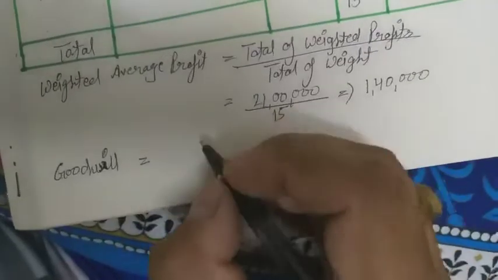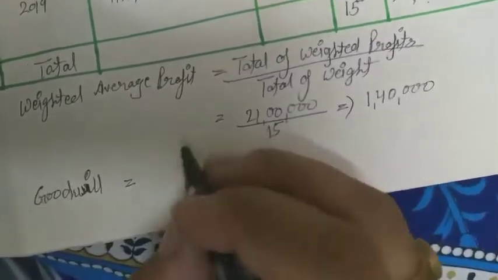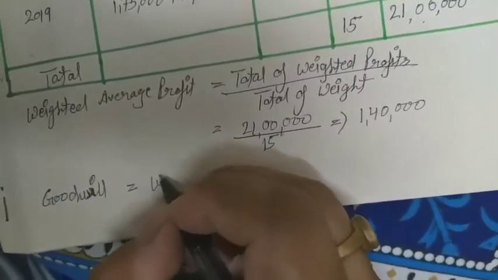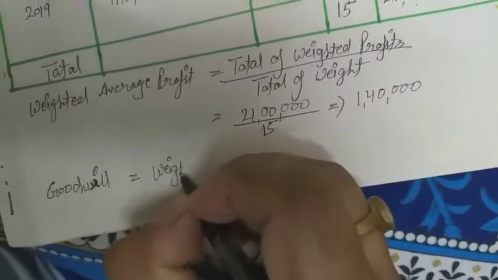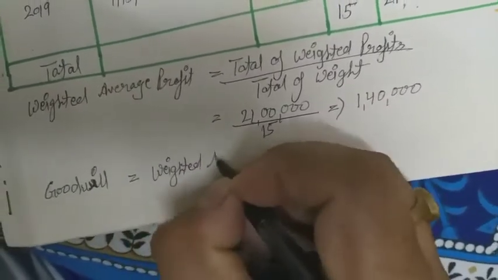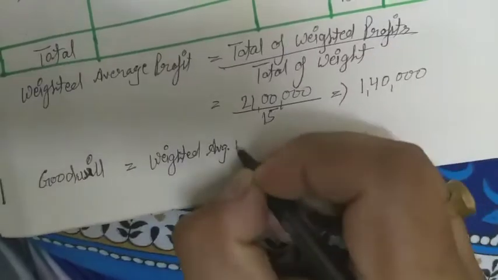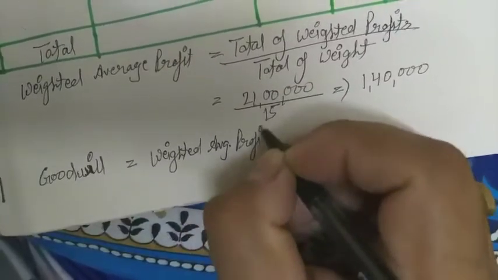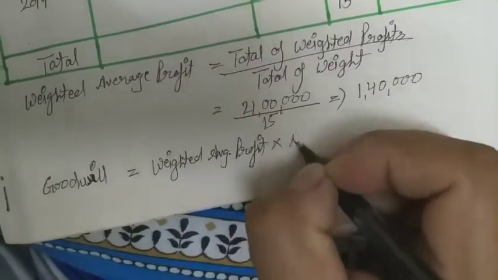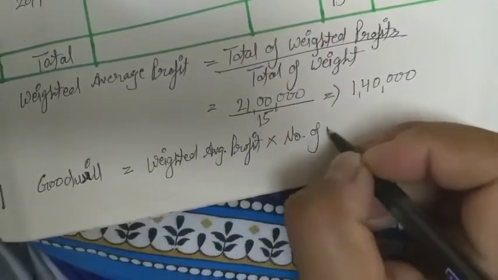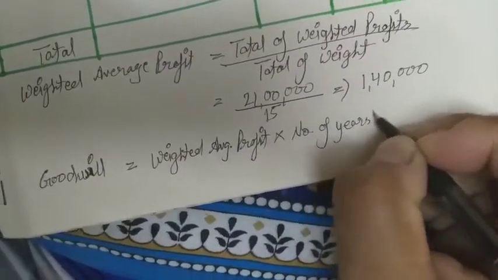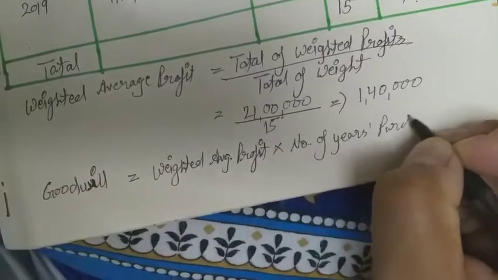Now goodwill. Goodwill is equal to weighted average profit multiplied by number of years purchase.